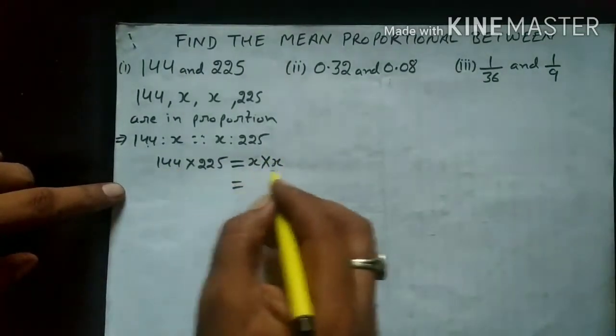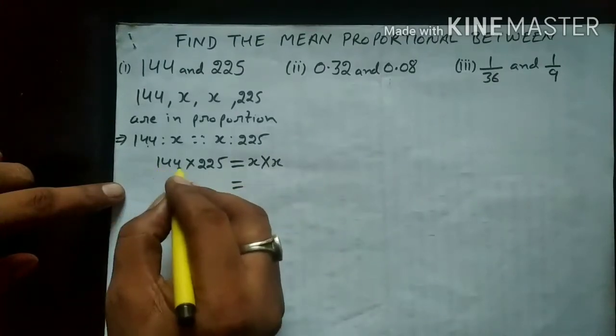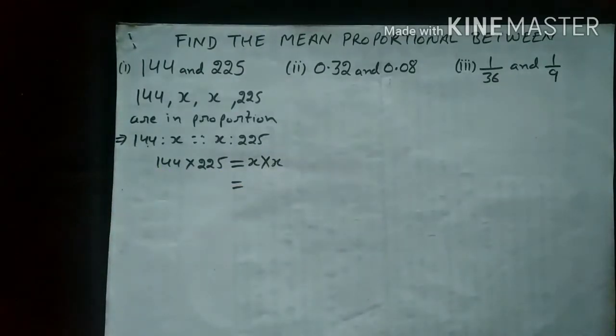Now here you can see that 144 and 225 are the squares of 12 and 15. If you multiply 12 two times, you will get 144, and if you multiply 15 two times, you will get 225.